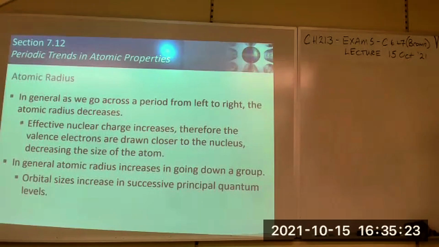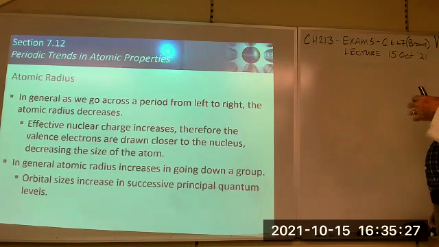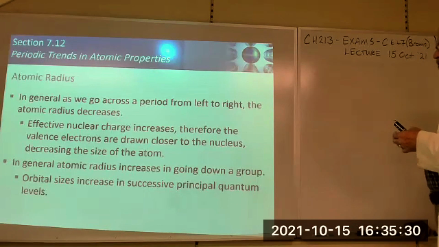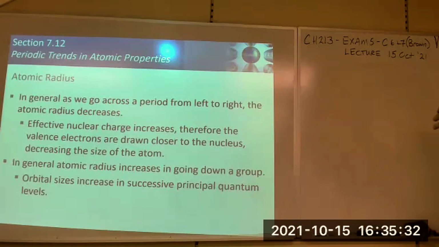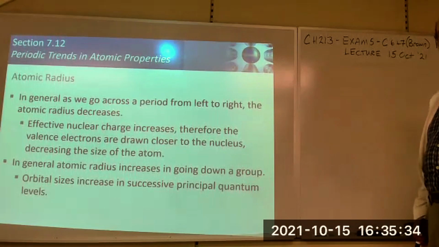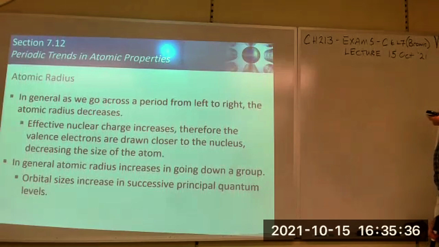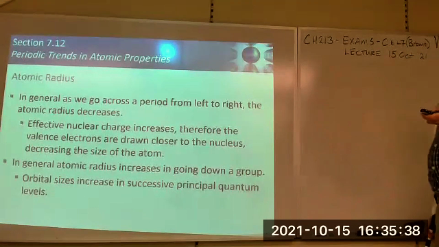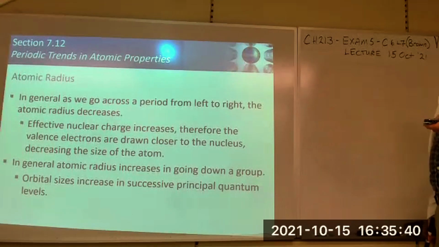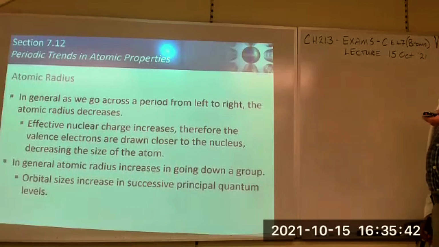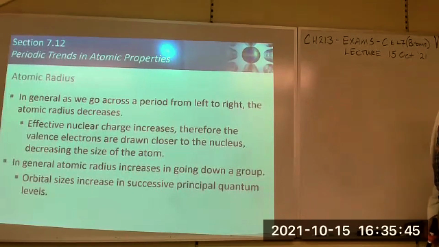But in general, if you use similar methodologies for determining the atomic radius, as you go across the period from left to right, the radius decreases. And that's generally true, especially if you stay in what we call the representative elements. Those that fill the s orbitals and the p orbitals are called representatives.